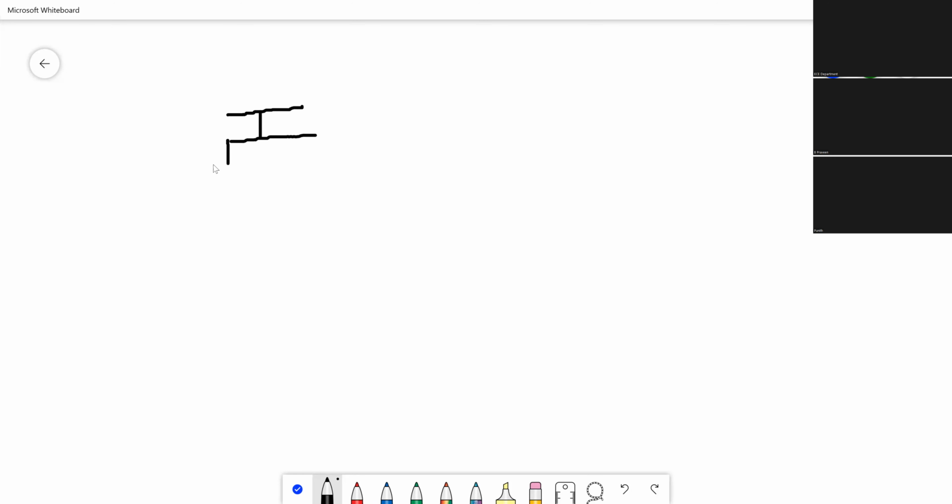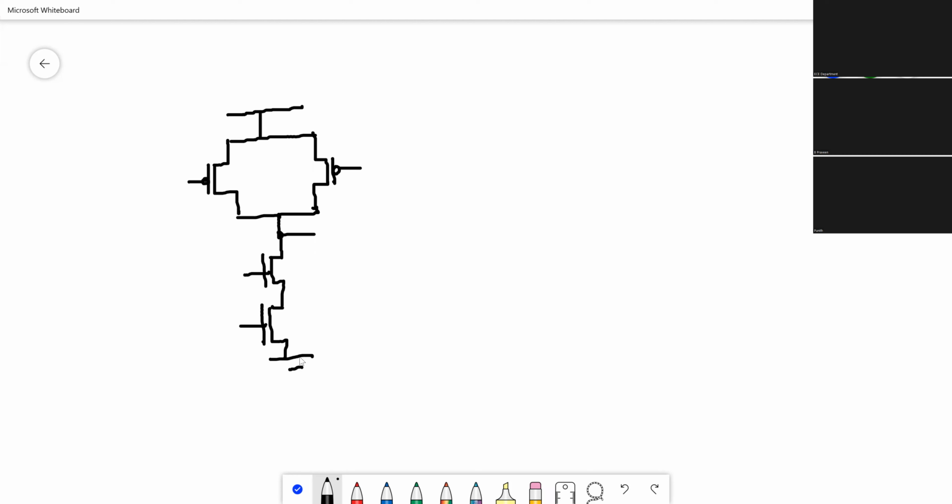So I'll draw the same NAND gate circuit again. So this time I want a low skew NAND gate.